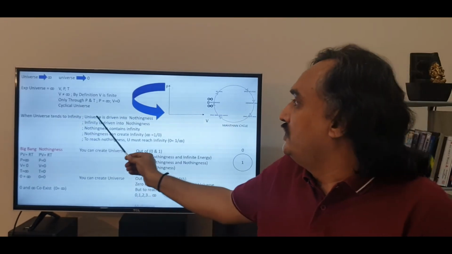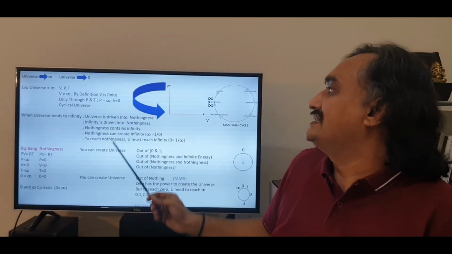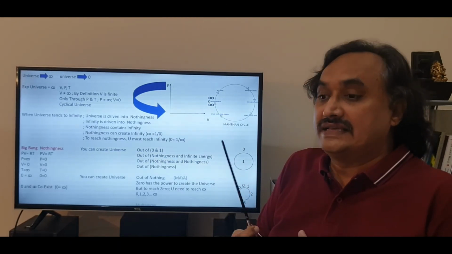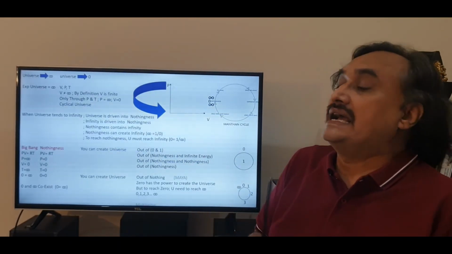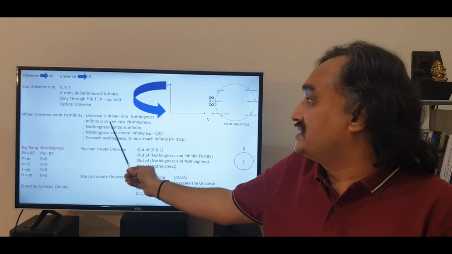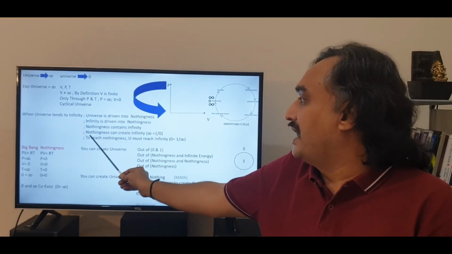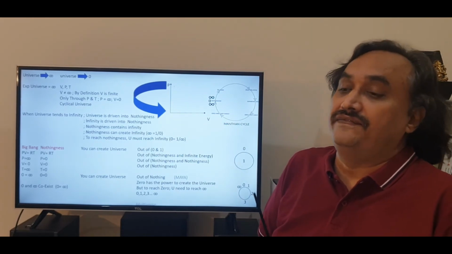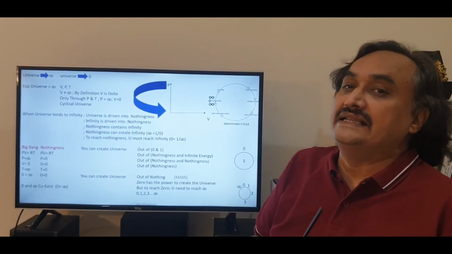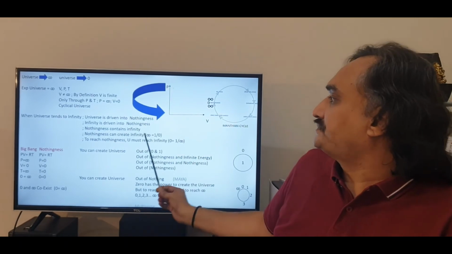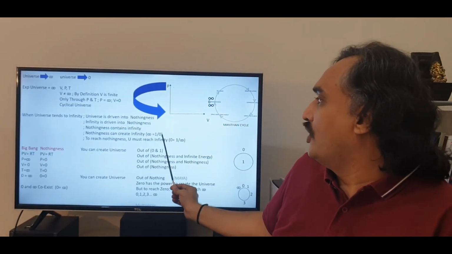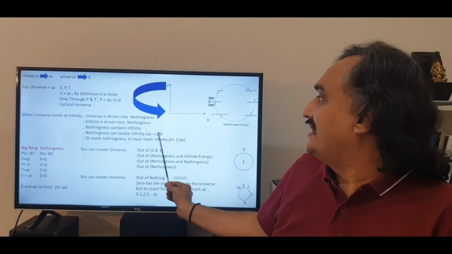Now, when the infinity is driven into nothingness, nothingness contains infinity. In the sense, infinity is inside nothingness. So, which does imply that the nothingness now has the capacity to create infinity, because now infinity is inside nothingness. That is why it is said as infinity is equal to 1 by 0, because nothingness can create infinity.